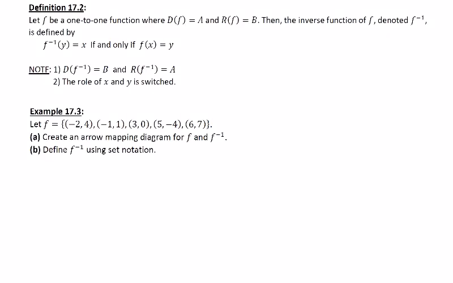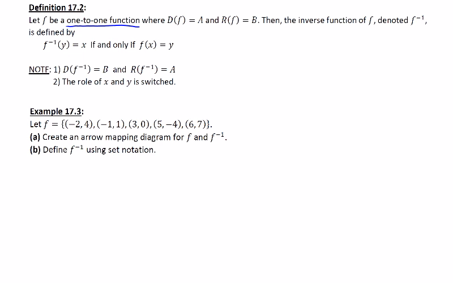Definition 17.2 is going to finally give us the definition for the inverse function. Now I want you to notice that it starts with saying let f be a one-to-one function. So it's not possible for us to create an inverse function without first having a one-to-one function to go with it.